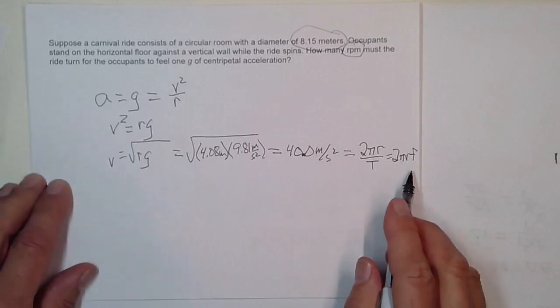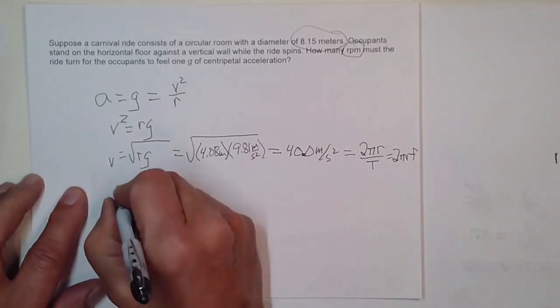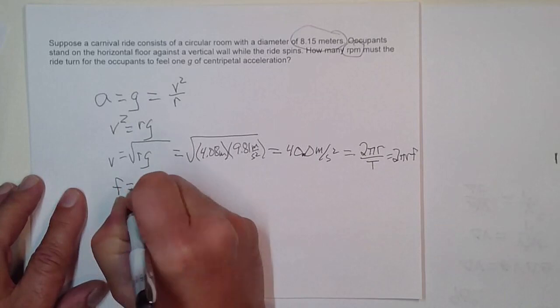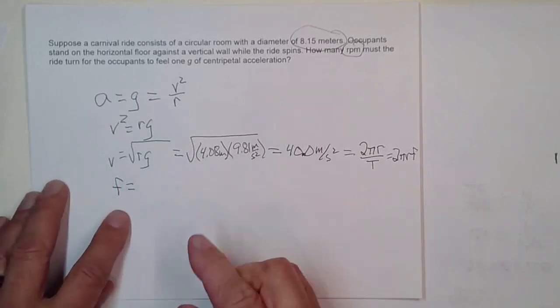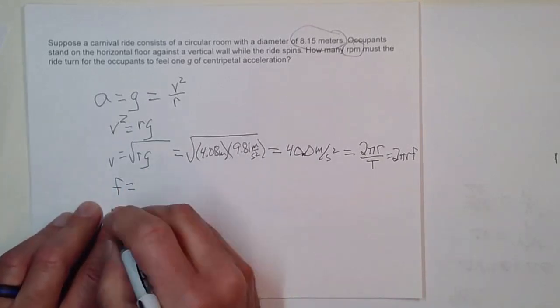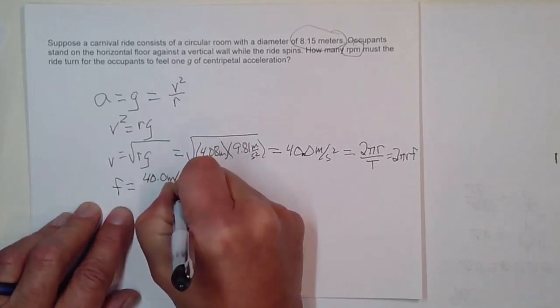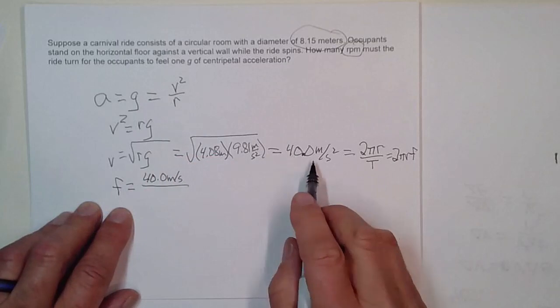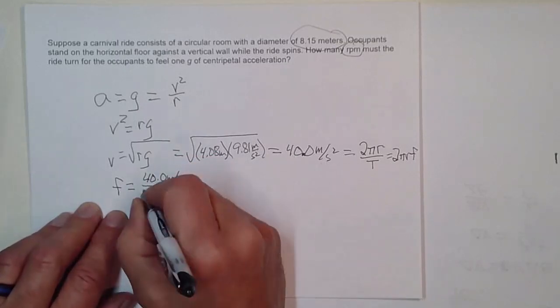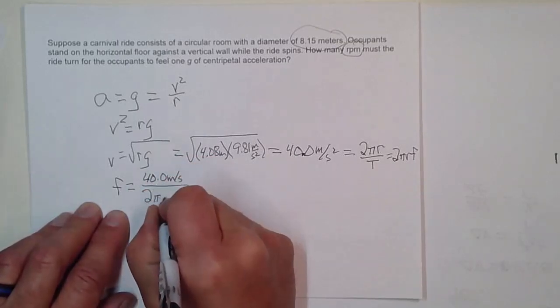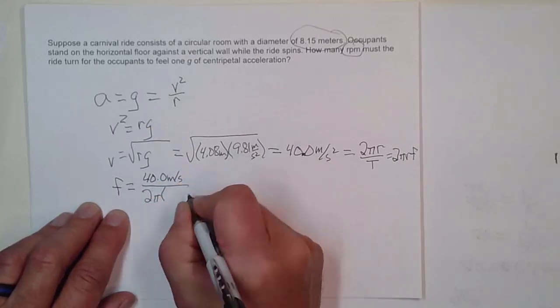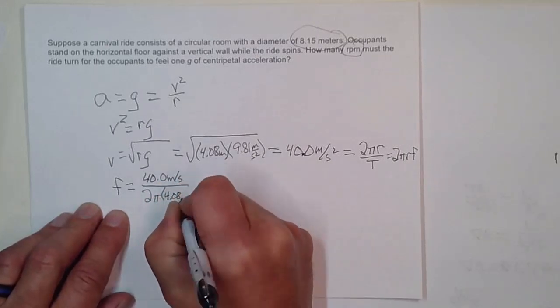And so we can find the frequency. Frequency, that's how many times per second you would complete a rotation, is just going to be 40.0 meters per second. That's what that thing is. Divided by 2 times pi times that radius, which is 4.08 meters.